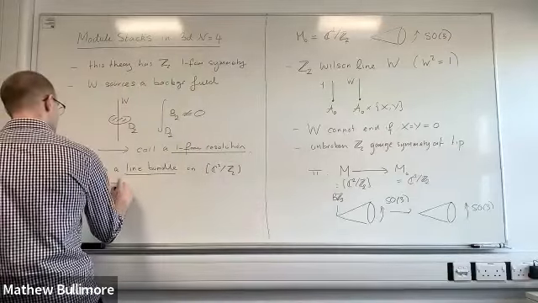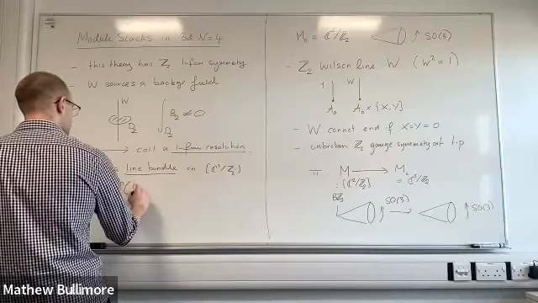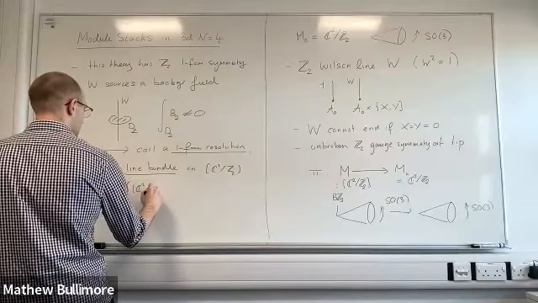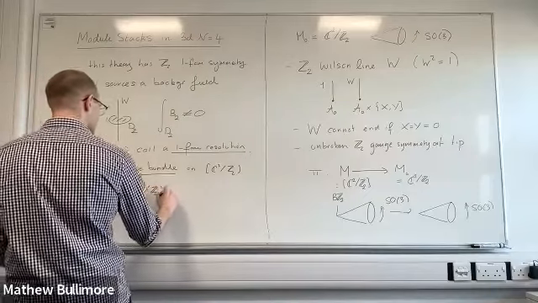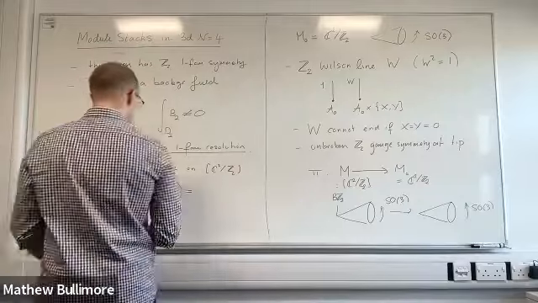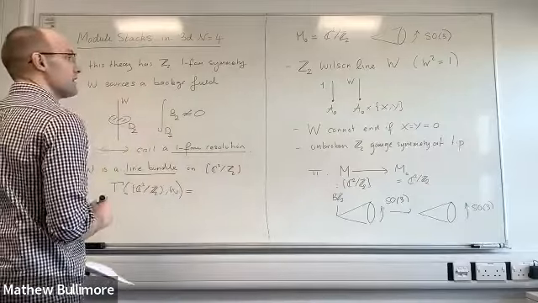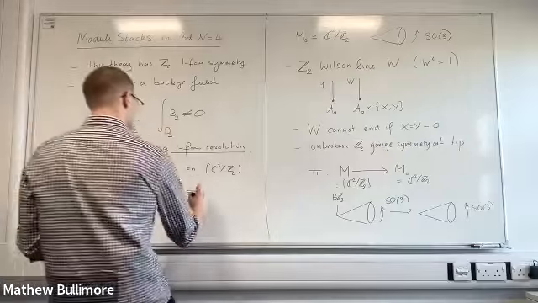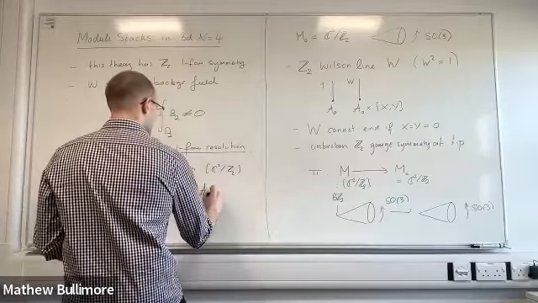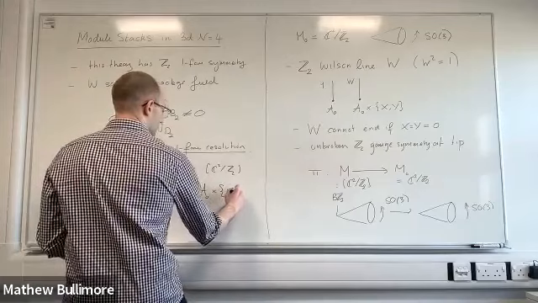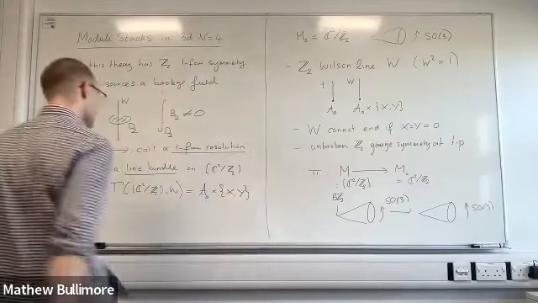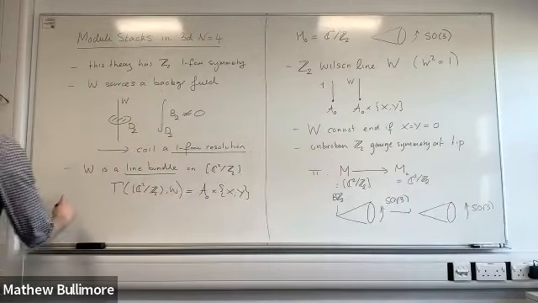And the way this works is that sections of that line bundle, and this is completely general, give you exactly the things that the line defect can end on, the local operators on which it can end.